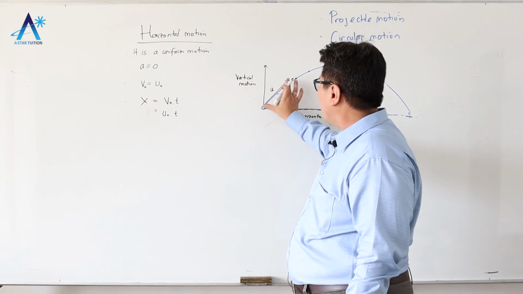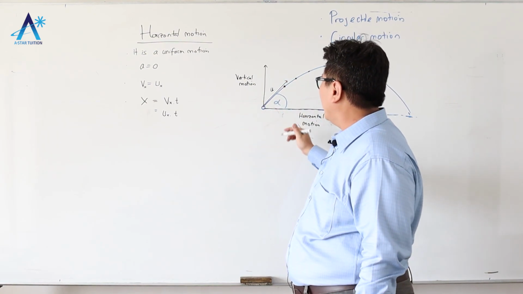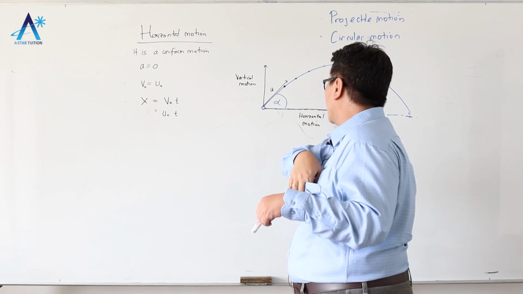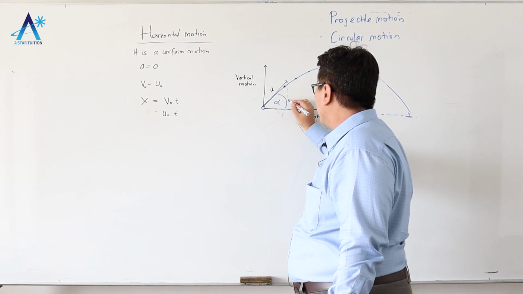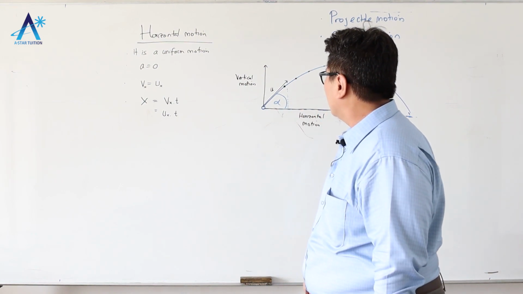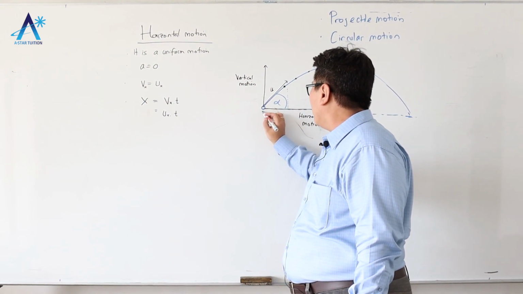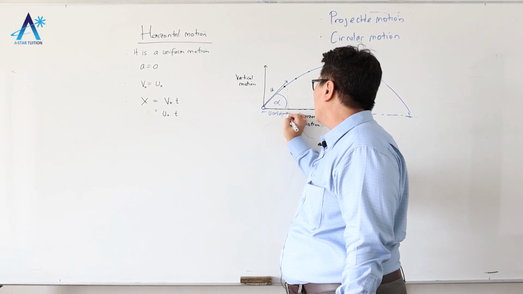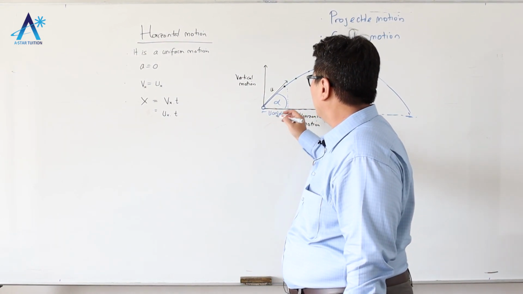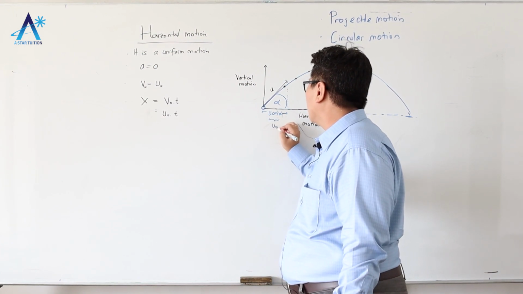When we resolve u in the sideways or horizontal direction, we can see that the magnitude of the horizontal component of the initial velocity is u cosine alpha, and this is equal to ux.